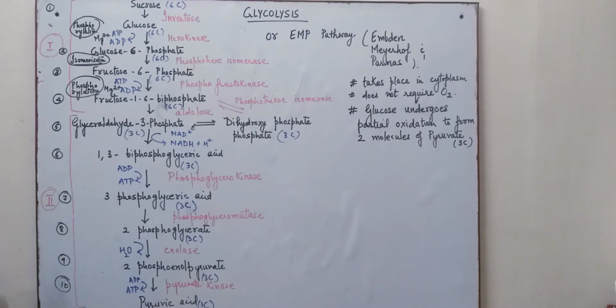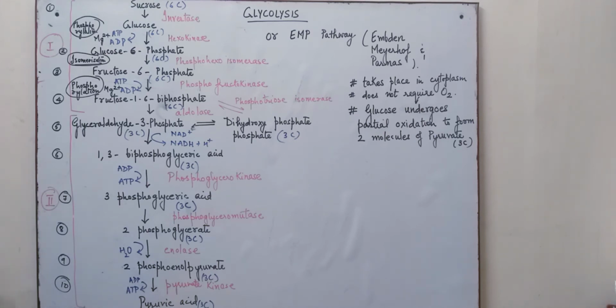Now here the next phase, the fructose 1,6 biphosphate gets divided into or splits into glyceraldehyde 3 phosphate, or it is interchangeable, and dihydroxyphosphate.